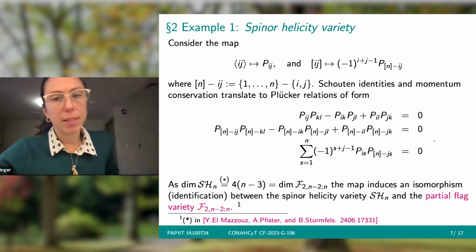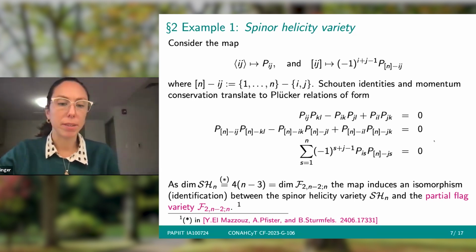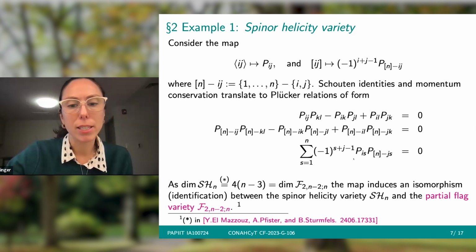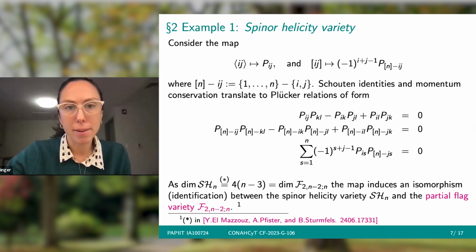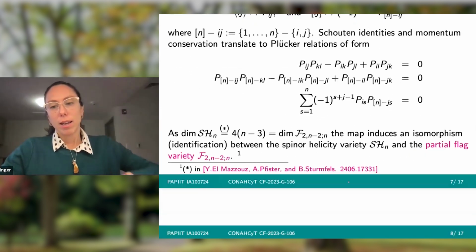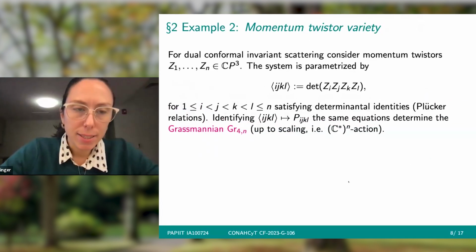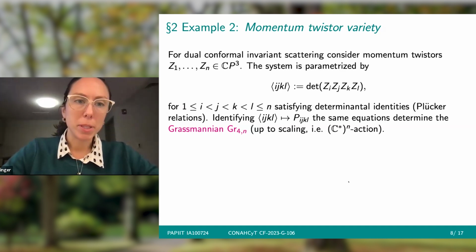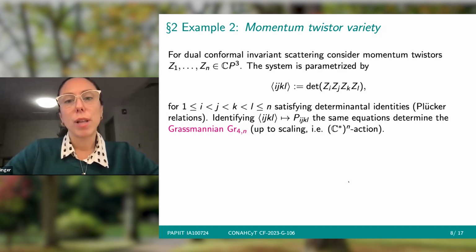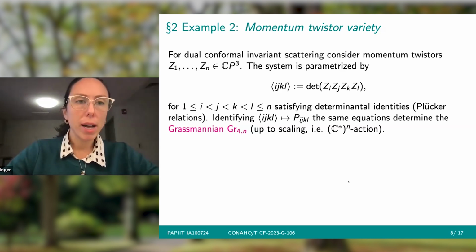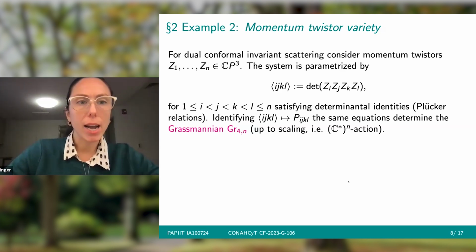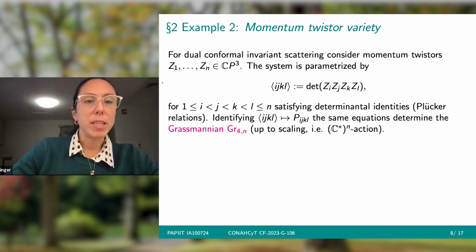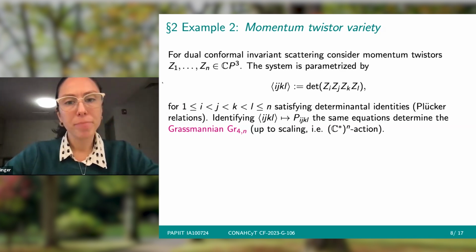So the first takeaway is that the spinor helicity formalism gives us a two-step flag variety, Fl(2,n-2;n) in C^n. Now there's the second formalism I can take, and that is, given the particle configuration, passing to momentum twistor space. That means that for each particle that was an element in R4, I go to its momentum twistor that lives in CP3.